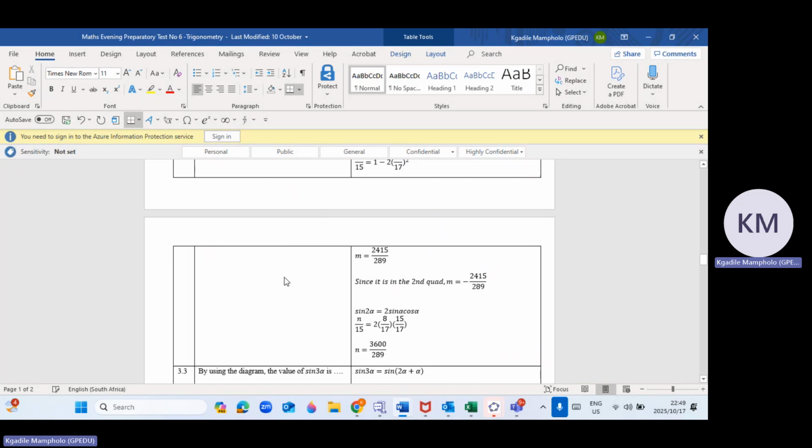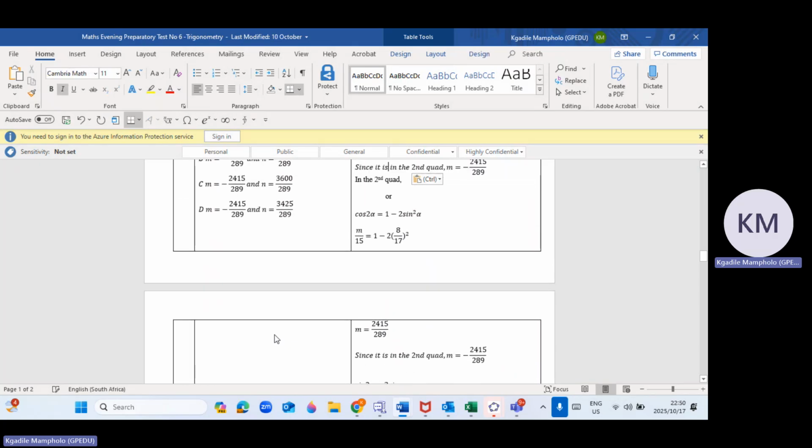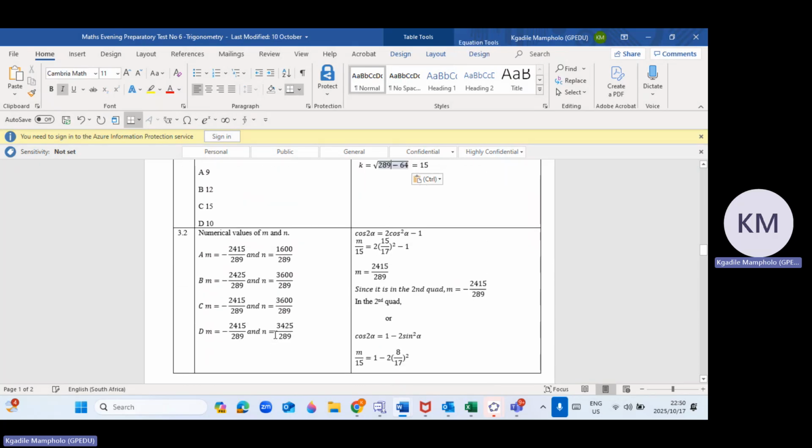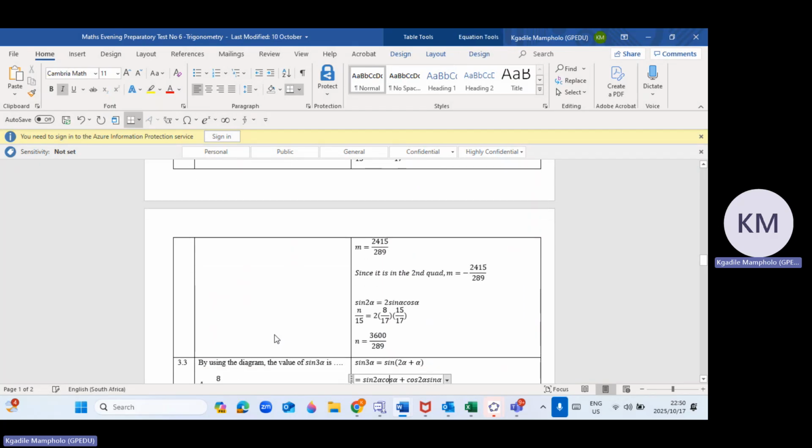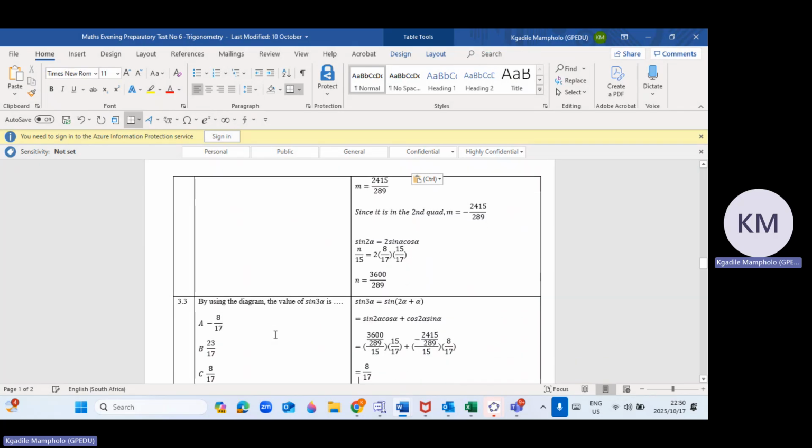If you want to check, you can take these fractions, square them, and apply Pythagoras. You are still going to get the answer as 15, to show that all these values are correct. If you calculate m squared plus n squared, you are still going to get 15.